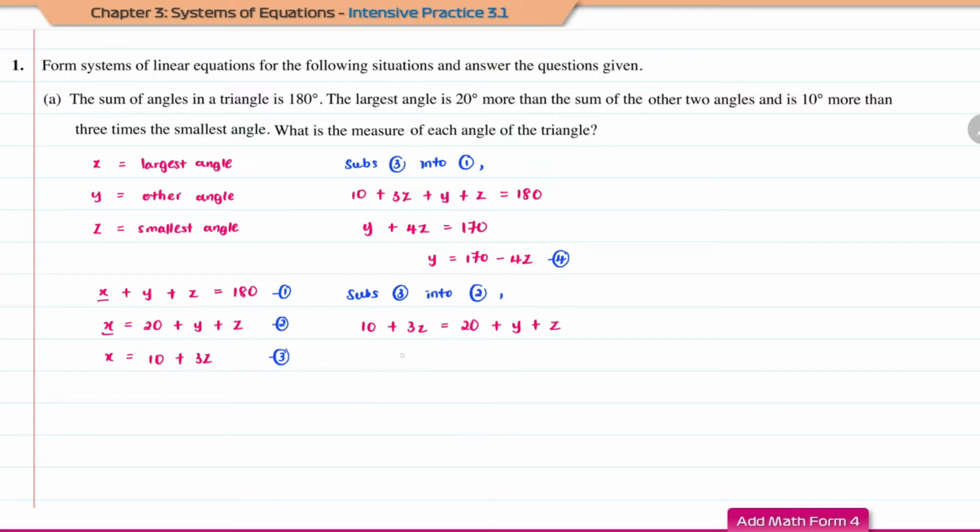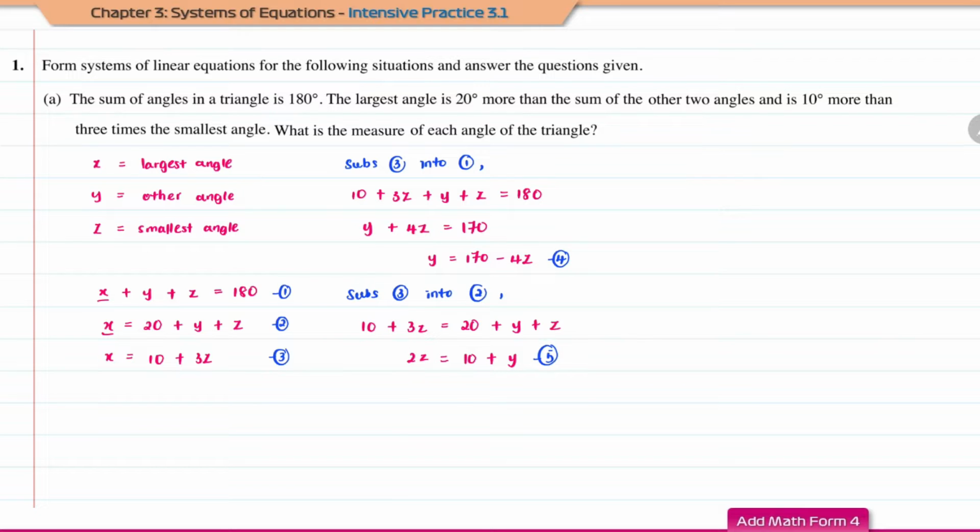So 3Z minus Z, I will have 2Z equal to 20 minus 10, I'm going to move this 10 to the other side, so it will be 10 plus Y. I'm going to label this as my equation number 5.